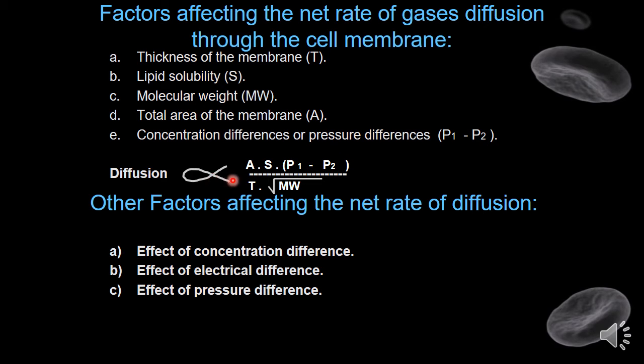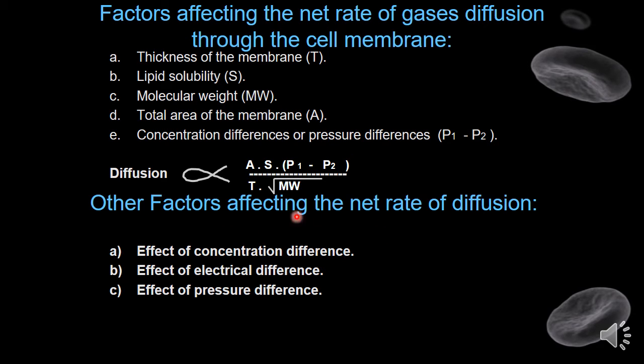And diffusion is inversely proportional to the thickness. It means the more the thickness, the less the diffusion, and to the square root of the molecular weight. The more the molecular weight of the substance, the less the diffusion of the substance.